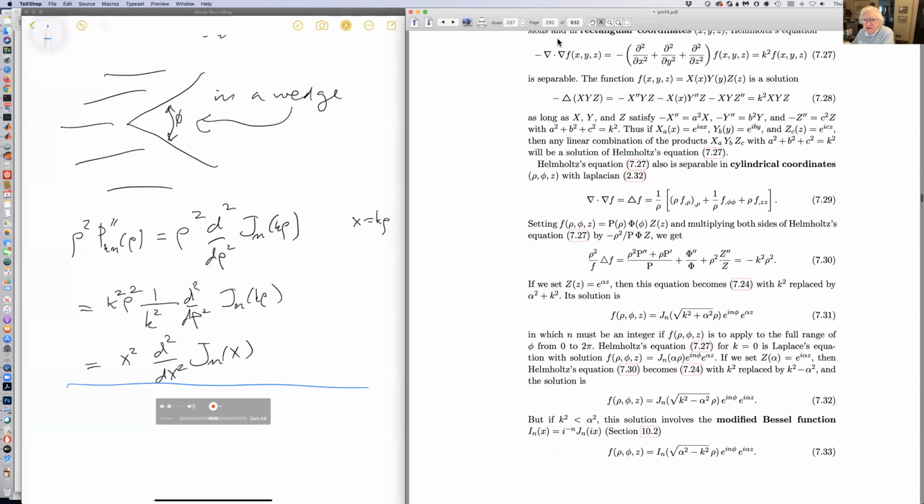When the Laplacian, we said f equal to x, y, z, the Laplacian hits x, y, z, the d by dx squared just hits the x, the d by dy squared just hits the y, the d by dz squared just hits the z, and then the right-hand side is that. You divide by x, y, z, and then what you get are the equations minus x double prime over x minus y double prime over y minus z double prime over z is equal to k squared. This one here is a constant.